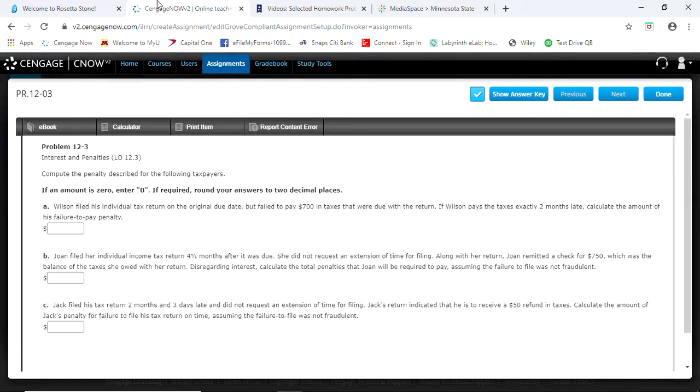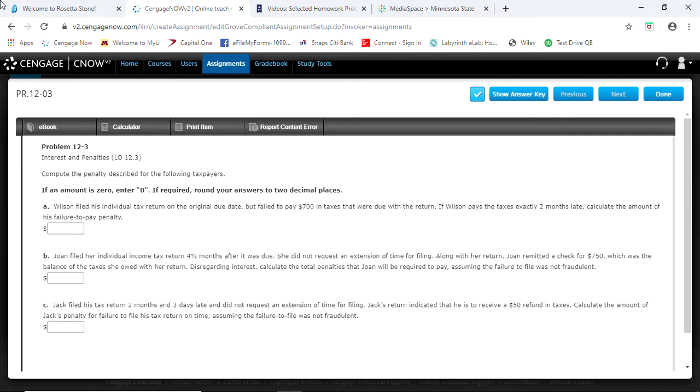Okay, let's look at part A. Wilson filed his tax return on the original due date. So he did file, but he failed to pay $700 in taxes that were due with the return. If Wilson pays the taxes exactly 2 months late, calculate the amount of his failure to pay penalty.